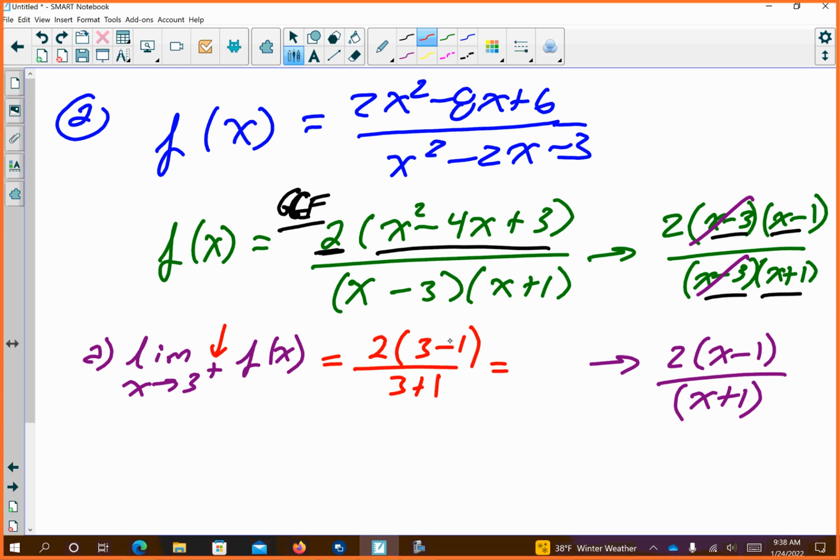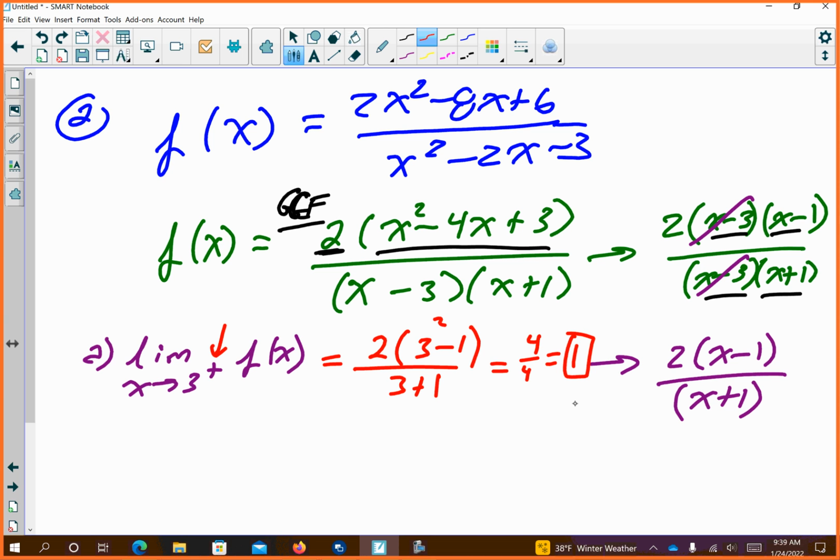So that's going to give me a 2, and get 4/4. So the limit here becomes 1. Notice I did it the same way. If this is a positive or a negative or just nothing, it's going to be a direct substitution for the most part. So letter A, letter B, and letter C are all the exact same answer on number 2.